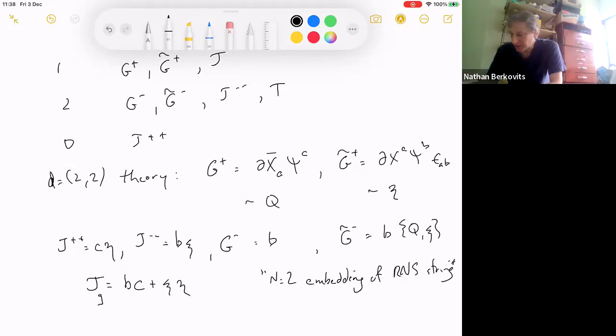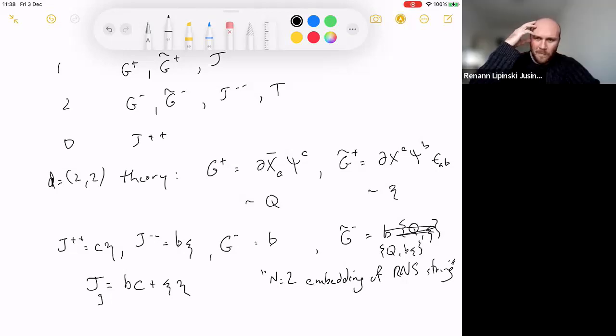Well, there's another way to write it, which might be nice. It's not nicer, but it's clear it's Q with B Xi, right? Just to understand where this comes from, because B Xi is J minus minus. So I'm just using the definition of G tilde minus by the commutator of J minus minus with G plus. Okay. So I know it has this form.